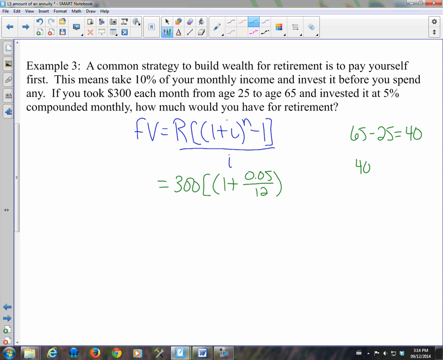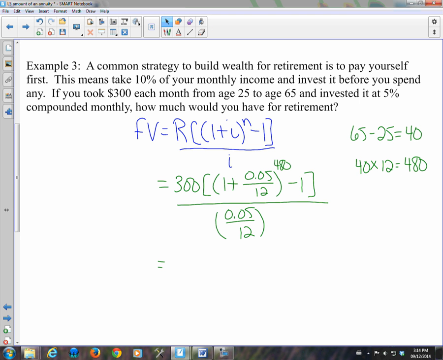Excuse me, it's 40 times 12, which is 480. So my N would be 480. All of that divided by 0.05 over 12. All right, calculator time.